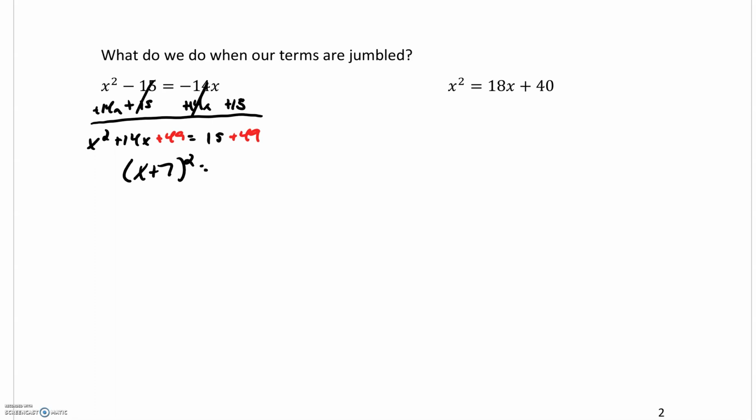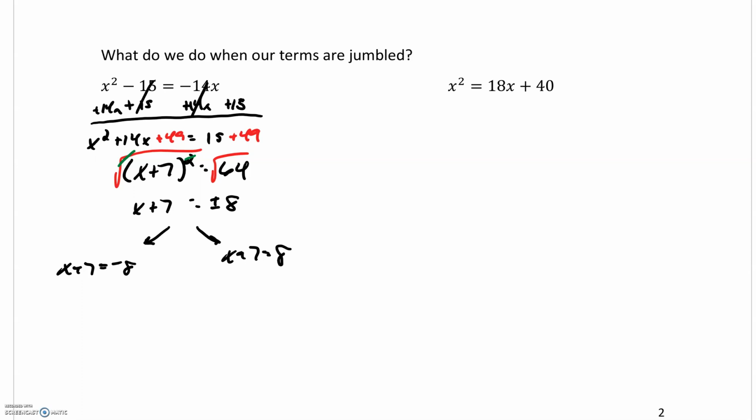My right-hand side, 15 plus 49 is 64. Take the square root of both sides. Because the square root cancels the squared, I'm going to be left with x plus 7 is equal to both positive and negative 8. Split it up. x plus 7 equals negative 8. And x plus 7 equals positive 8.